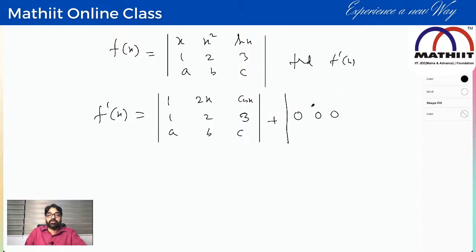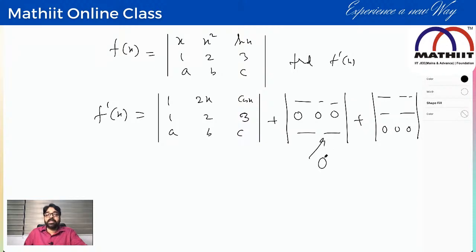I'm not writing the other two. Other two rows are exactly the same. Plus differentiation of the third row, the other two rows are same. That will also be 0, 0, 0. So this determinant will be 0. So finally, this is the answer. Did you understand? Is this clear to everybody? Right? Okay.